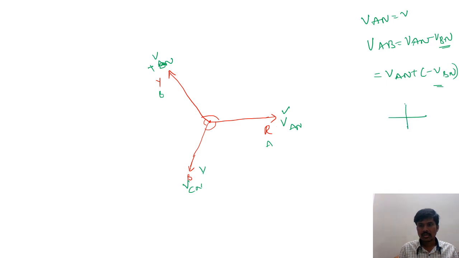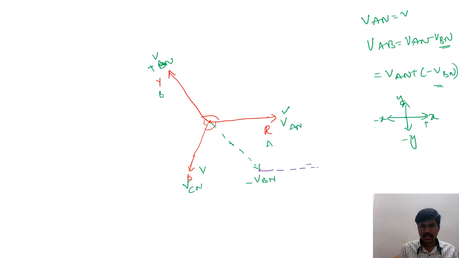So how to get minus VBN? In the four quadrants, you can take x and minus x, y and minus y. This is positive x, this is negative x. So here this is positive means this is going to be negative. Take the mirror image of VBN. Now from this point, draw a parallel line to VAN.